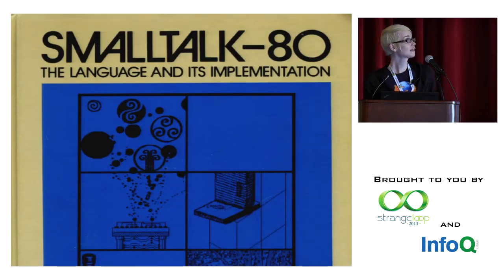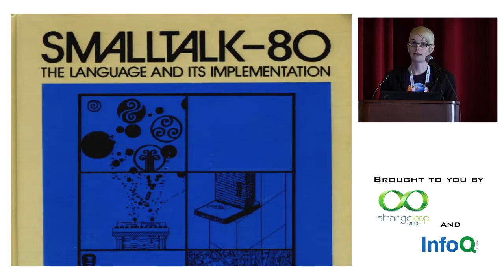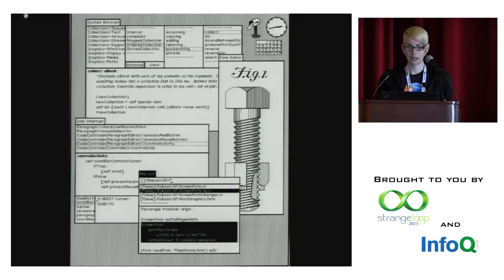It was object-oriented. It had classes and objects, and also the possibility of dynamically growing your objects and so on. And it also had this concept of a live image where everything lived inside of the same Smalltalk system.